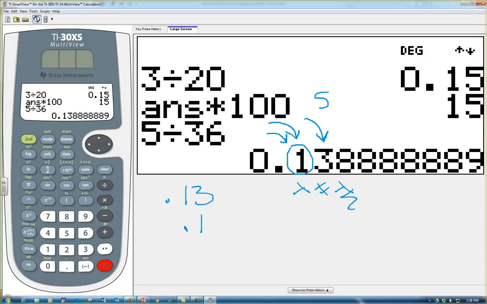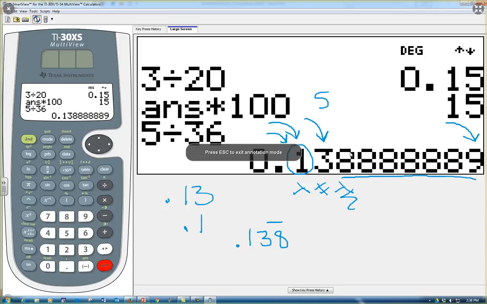And that's if it said to round. Now, since this one doesn't give you any directions about rounding, you're going to look at it and go, oh, well, this just keeps going and it's a bunch of 8s. The reason this is a 9 is because your calculator screen can only handle so many digits. So it goes on out and it rounds in that last place. But the way you would show this is you would put 0.138 and you would put a little line over the 8 to show that the 8 just keeps going. So that would be the answer that you would put for your decimal.